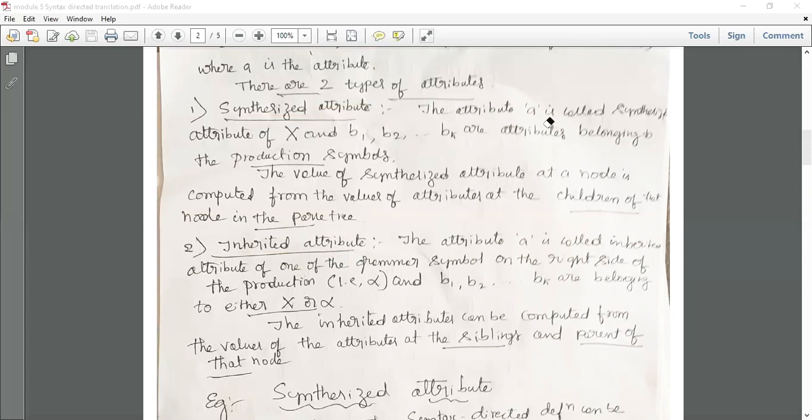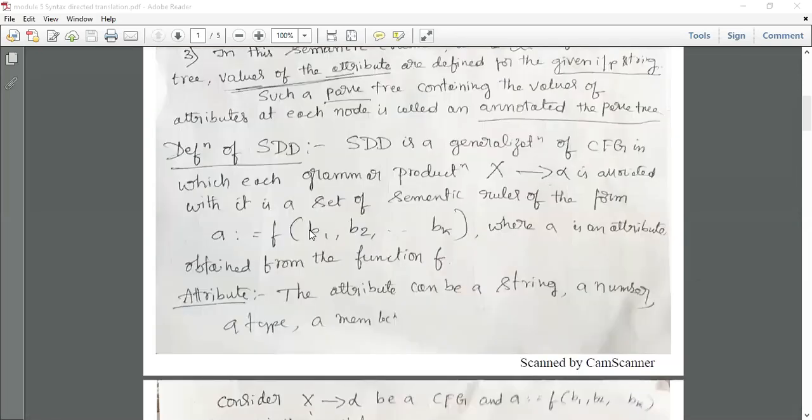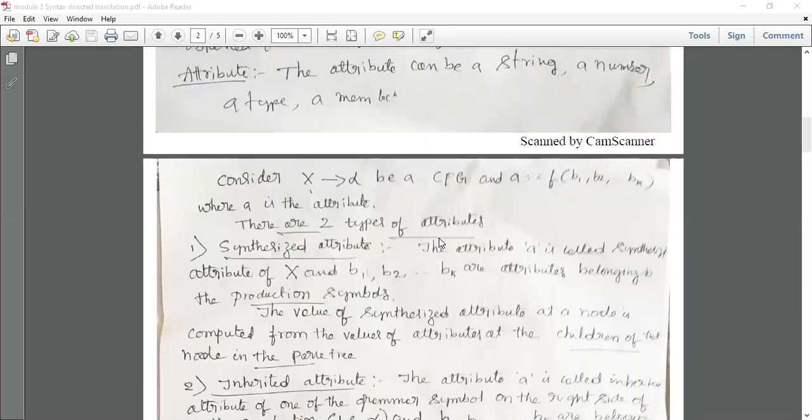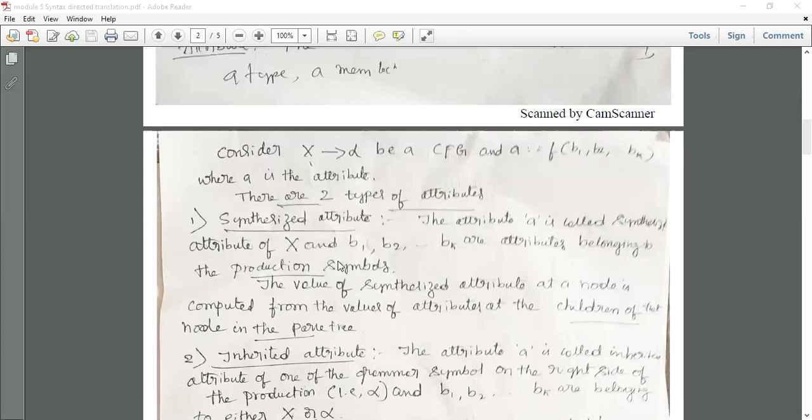A is an attribute, which means it is called a synthesized attribute of X. And b1, b2, up to bk are attributes belonging to the production symbols. Productions could be X tends to A, X tends to B, whatever they may give. So b1, b2, bk are attributes belonging to the production symbols. Totally this is called an attribute, and A is a synthesized attribute.